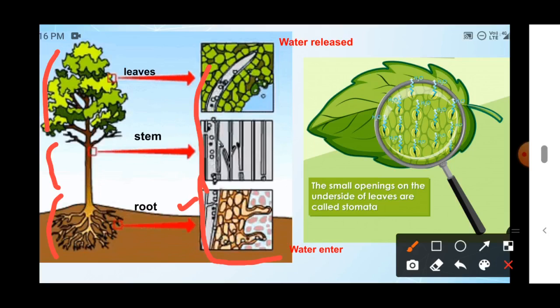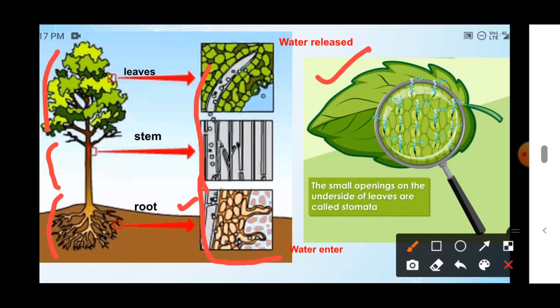So the water is absorbed by roots, passes through the stem, and reaches the leaves. In the leaves, some of the water is used for preparing food and the remaining excess water is released through the holes present in leaves. These holes are known as the stomata. See here, this is the leaf.